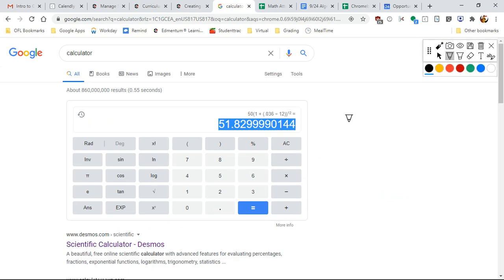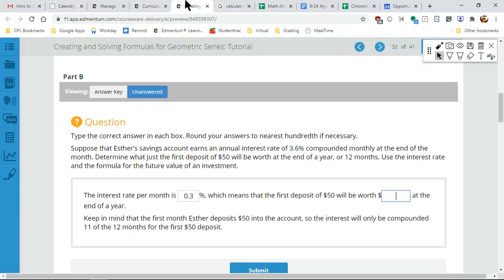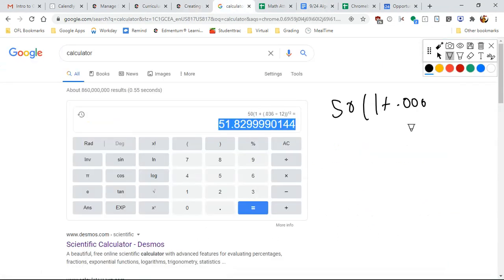So they did it a little nicer than I did it. They're like, hey, just figure out how much she makes a month. And I was like, okay, so this is plus 0.0000. Oh, I forgot the 6. So when you make it into a decimal, it becomes 0.0036.